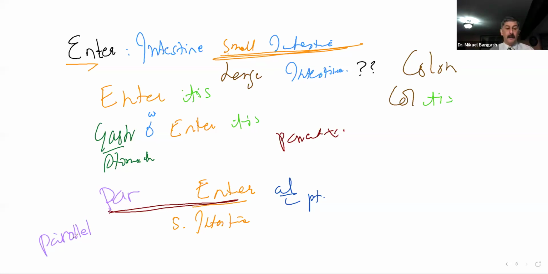The word parallel means alongside or side by side.